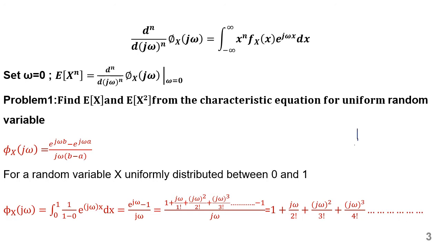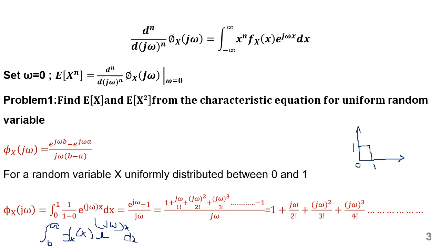So we are considering f_X of x, which is uniformly distributed between 0 and 1 and whose value is 1. We can find the characteristic function by integrating. We know that the characteristic function is given by the integral from a to b of f_X of x e to the power j omega x dx.